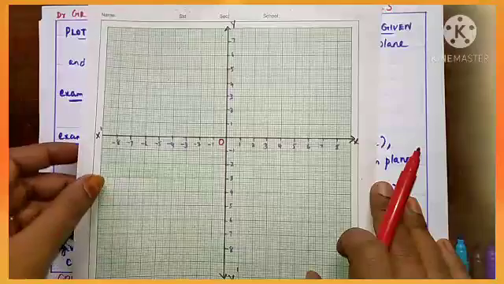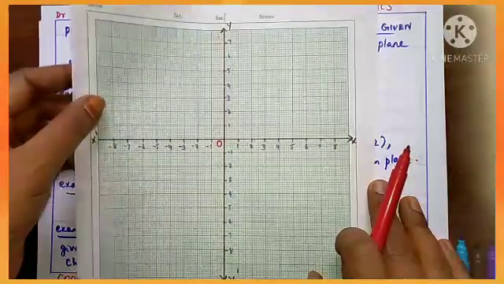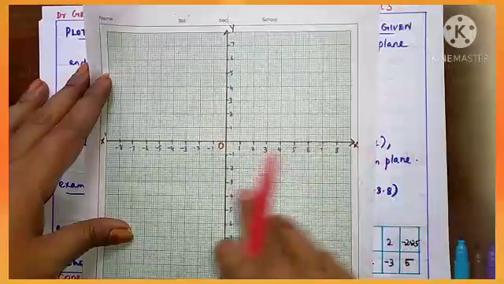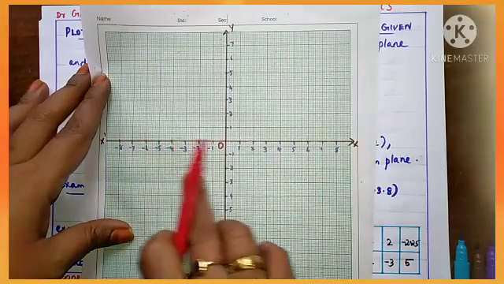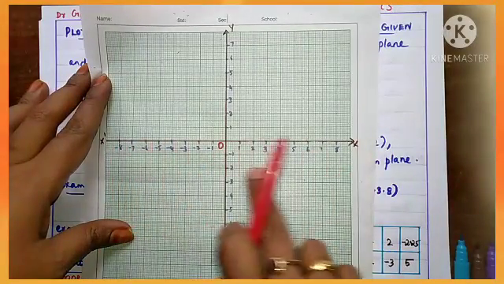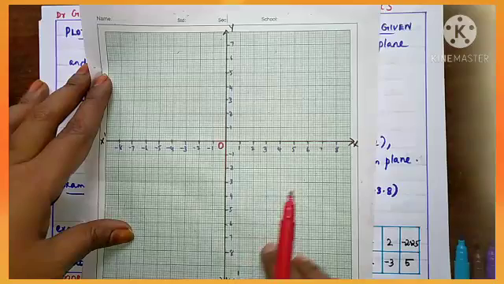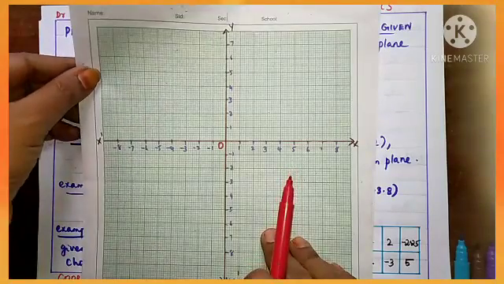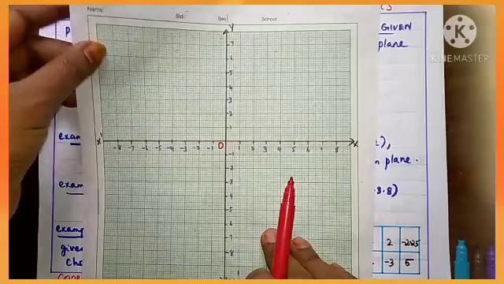Yes, we can see the second problem, how to draw the graph and how to plot the points. You see we have drawn the Cartesian plane, x values on the x-axis, y values on the y-axis. Now we are going to locate the given points.